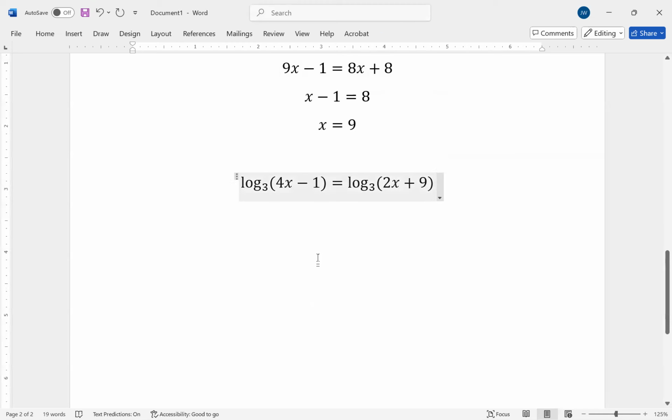On the next problem, we have log of the same base. Once again, make sure that the entire left-hand side is just log of that base and the entire right-hand side is log of that base. But if I have this particular scenario, then I can just set the arguments equal to each other.